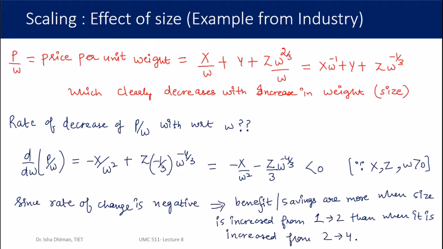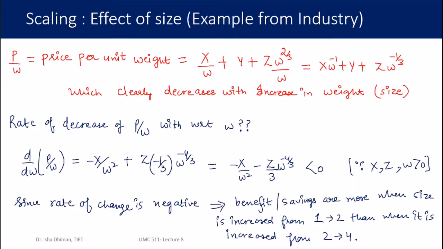In other words, the benefit in price per unit which you will get while moving from 500 gram to 1 kg is more as compared to the benefit which you will get by moving from 1 kg to 2 kg. So the price per unit is definitely decreasing with an increase in size, but how much it is decreasing really depends upon at what level of weight you are. If you're moving from a very small package to its immediately next package, the benefit is more, but as you keep on increasing the package size, the benefit also starts decreasing.